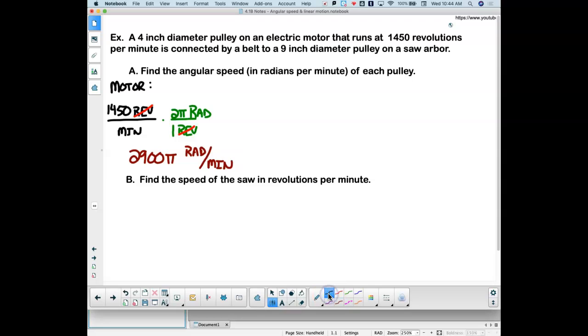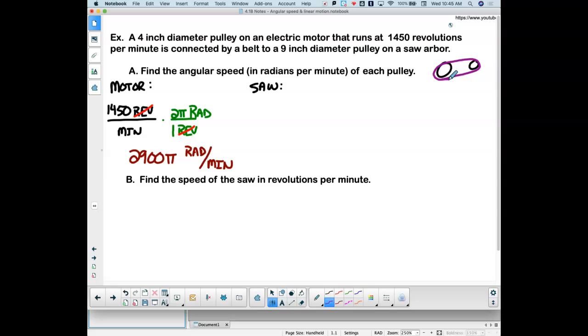So the saw now, okay, so the motor is spinning around. It's connected by a belt, so we've got to find the linear speed of that belt, which is finding the linear speed on either side of that belt.